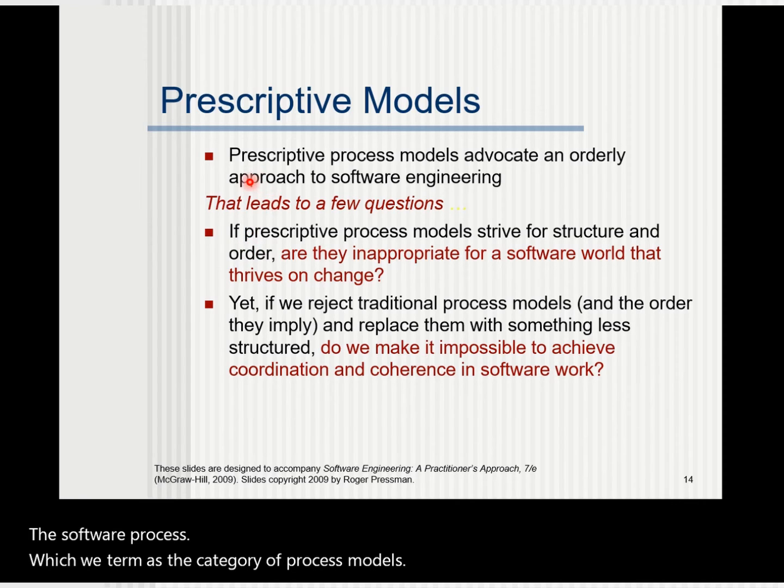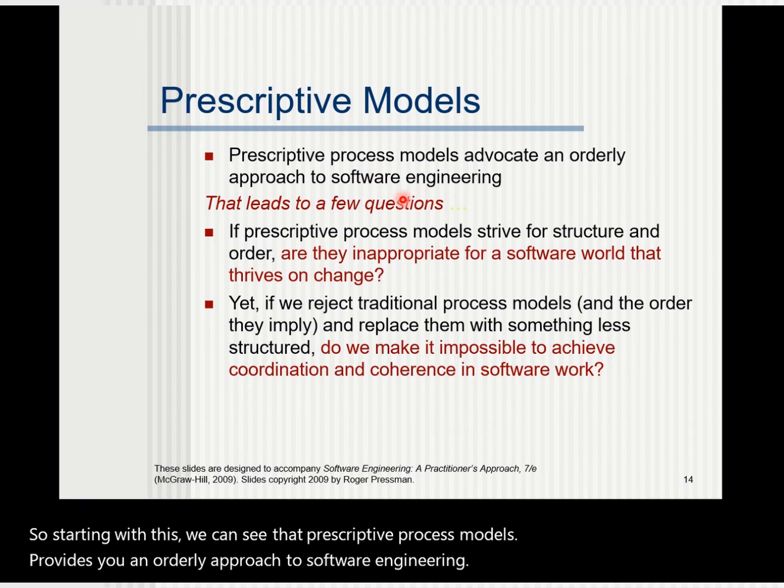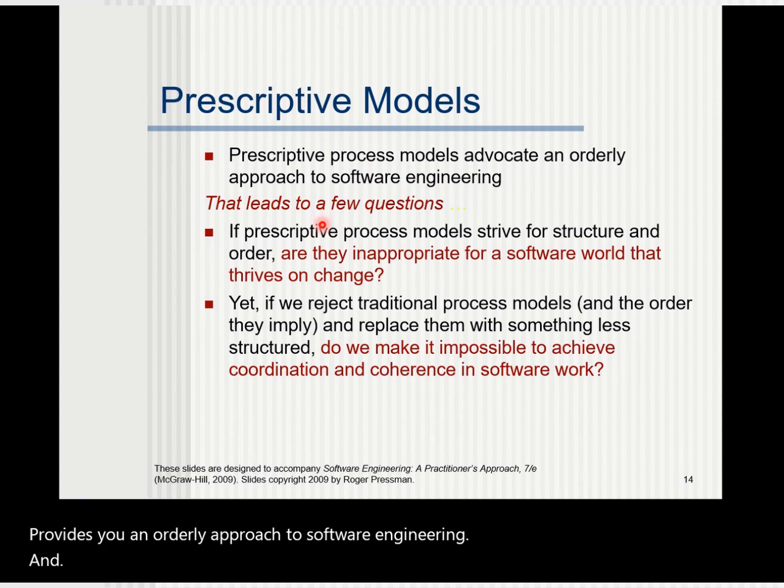So starting with this, we can see that prescriptive process models provide you an orderly approach to software engineering, and that leads to a few questions that can emerge in one's mind.